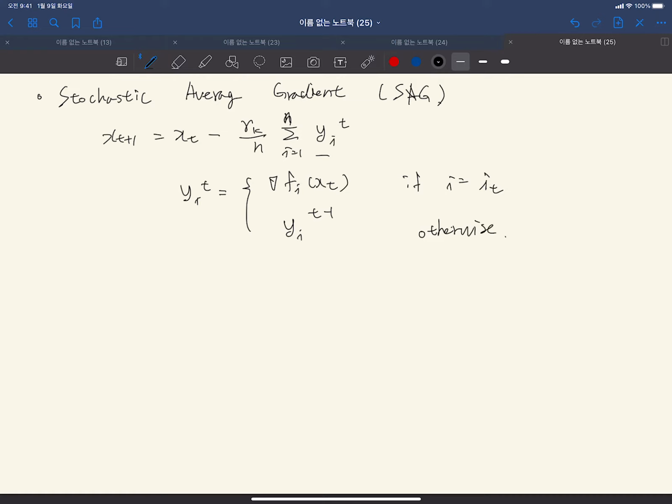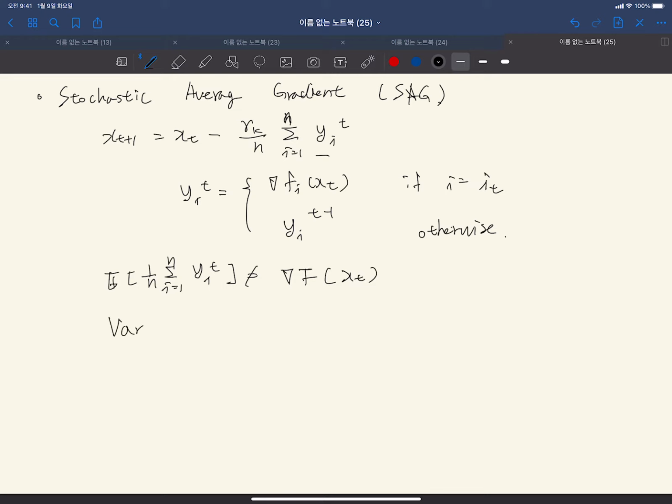But in this case, unfortunately, the expectation of 1 over n times the summation i equals 1 to n of y_i^t is not equal to the gradient of the original objective function at point x_t. But still, we can show that this update rule converges to the optimal solution x star, and it indeed reduces the variance a lot.